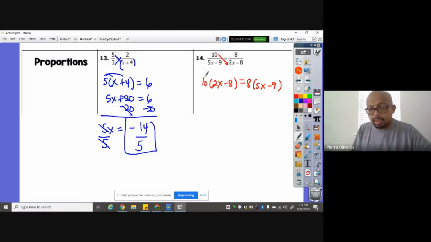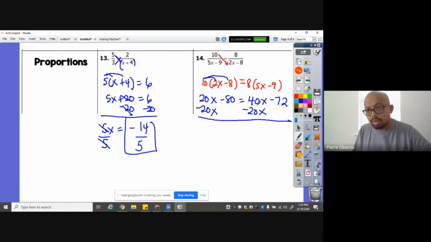You can distribute this one. That will give you 20x minus 80 is equal to 40x minus 72. Combine the like terms. I'm going to subtract 20x here, subtract 20x there. Cancel, cancel. This will give you negative 80 equals 20x minus 72. They are like terms. I'm going to move the 72 this time to the other side. Remember, the equal sign has to be between them.